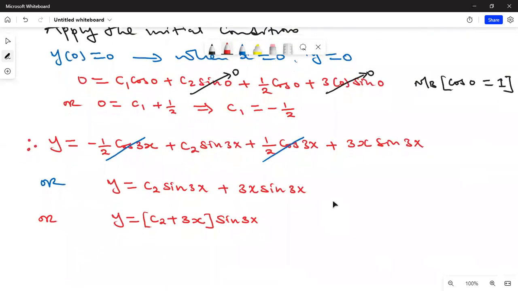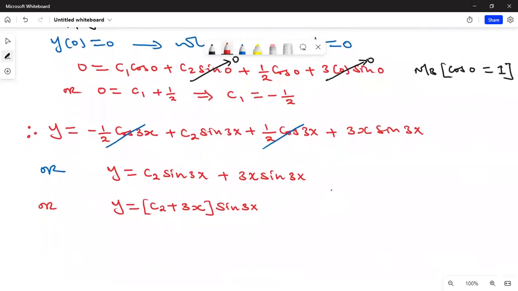Y prime of 0 is -6. Before we apply, let's differentiate this, because the other condition is the derivative condition.